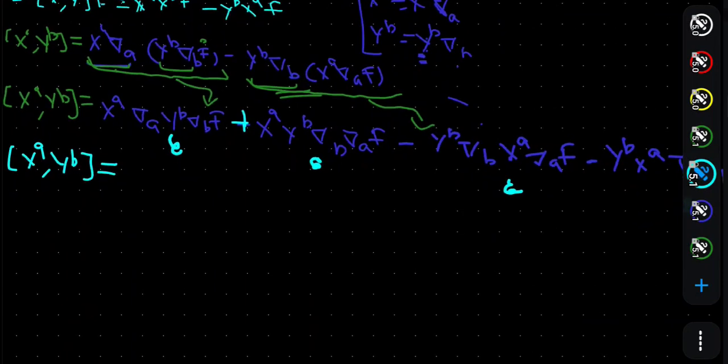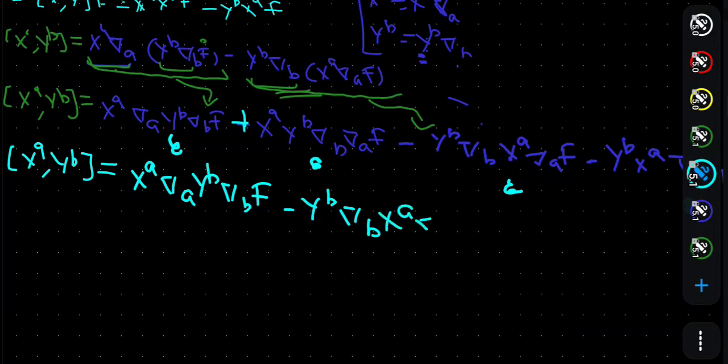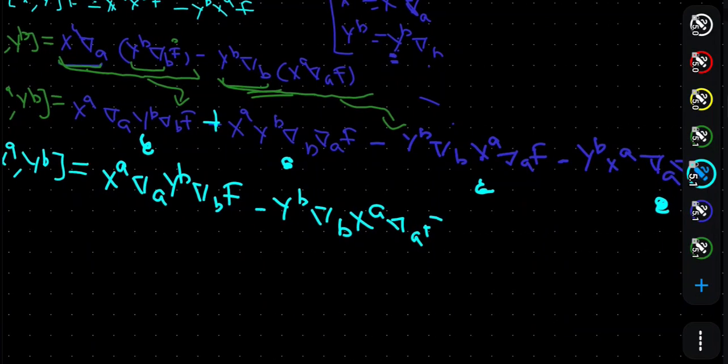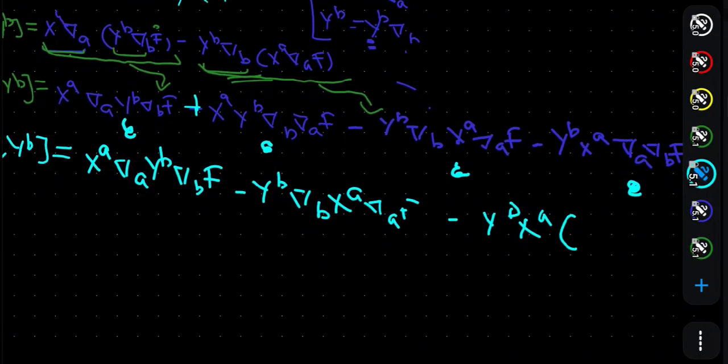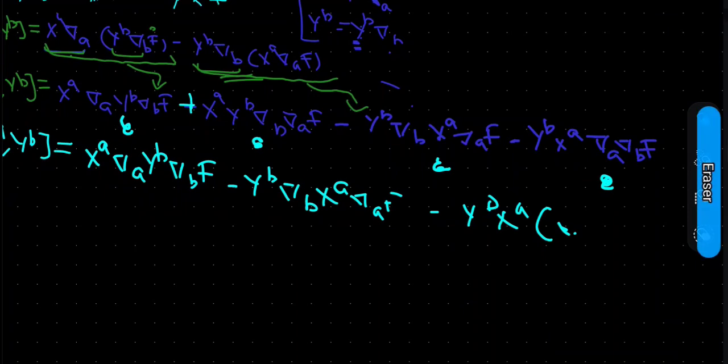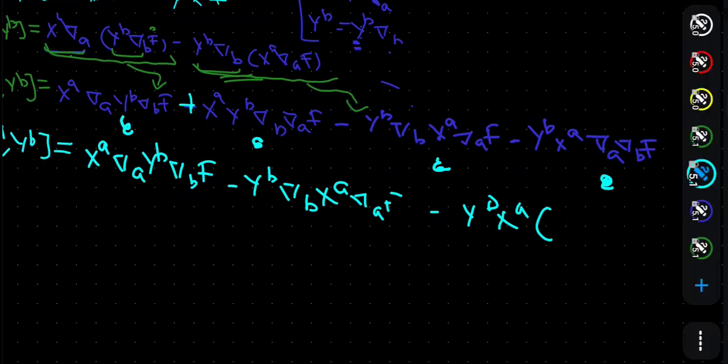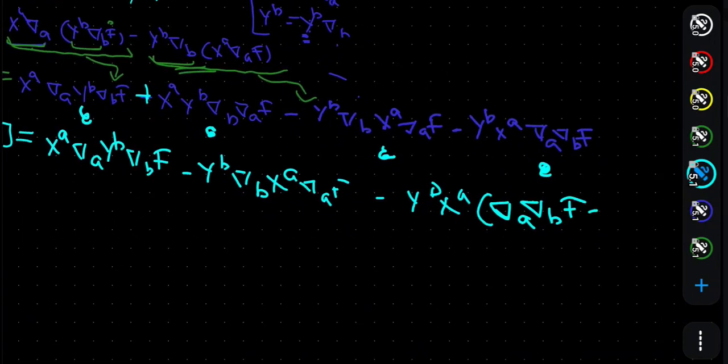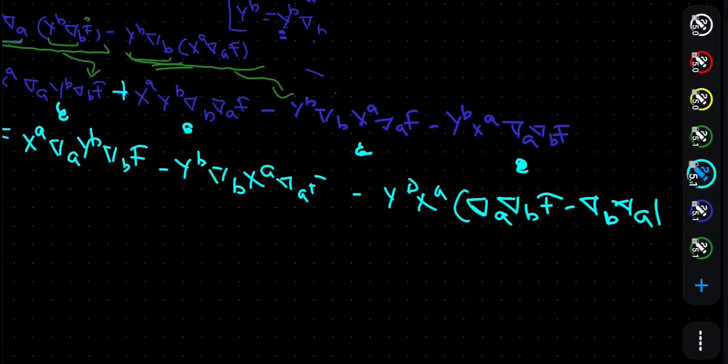So what it will be like is x^a nabla_a y^b nabla_b f, taking this term, minus y^b nabla_b x^a nabla_a f, and here if I take common y^b and x^a, you will be left here in brackets with nabla_a nabla_b f minus nabla_b nabla_a f.